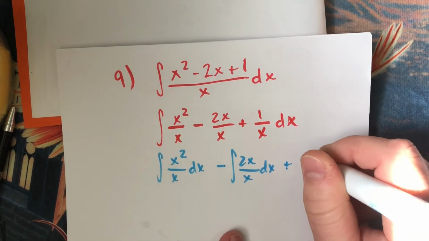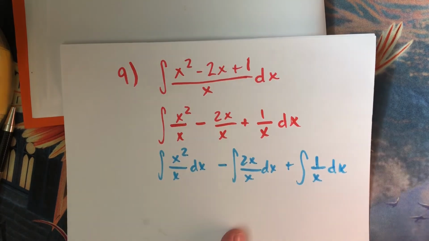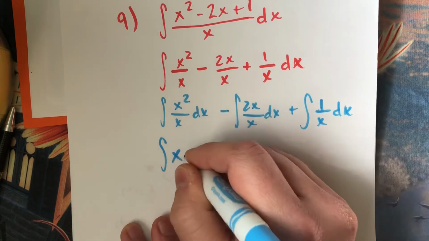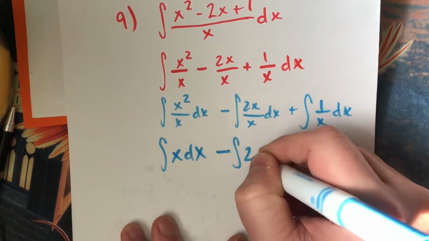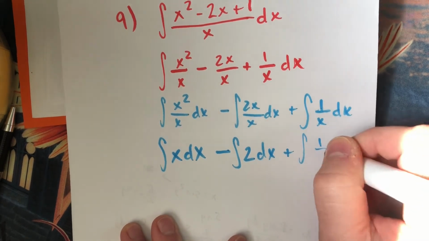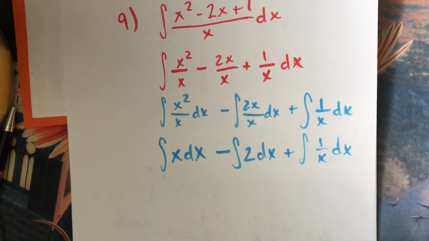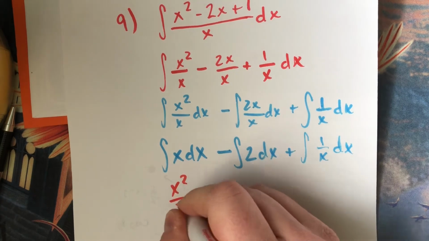And if you're like, Canfield, these all look terrible. Well, yeah, because I didn't simplify them. Simplify this first one. Oh, wait, x squared over x is x. Oh, wait, 2x over x is 2. Oh, wait, that one stays. But I know this first integral is x squared over 2.